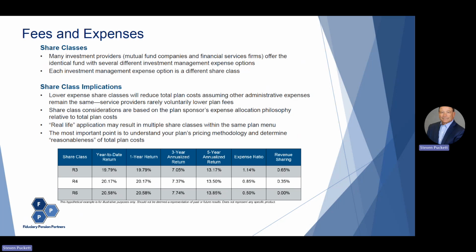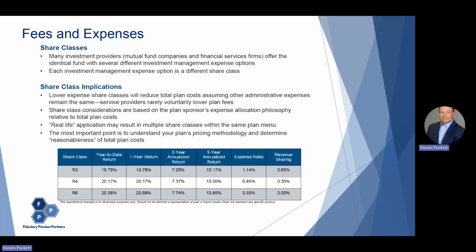Some are retail in nature, some are institutional, and some are only for retirement and pension plans, qualified plans. So you need to know what share classes are available. Ultimately, the lower expense ratio share classes will have less other administrative expenses in the overall expense ratio, and so they have less money to pay the service provider or the platform.